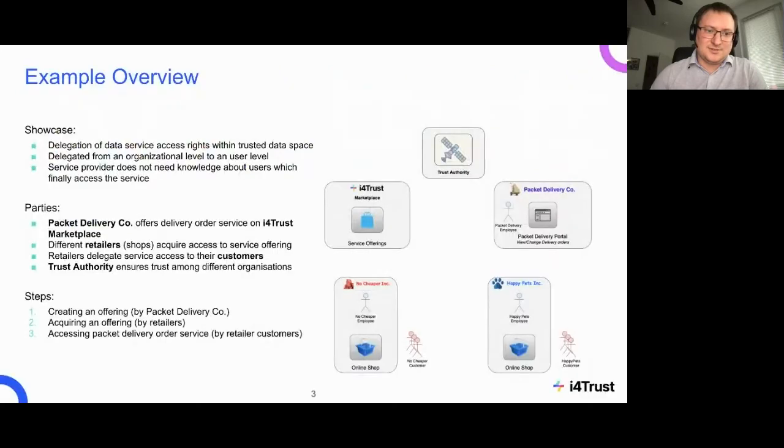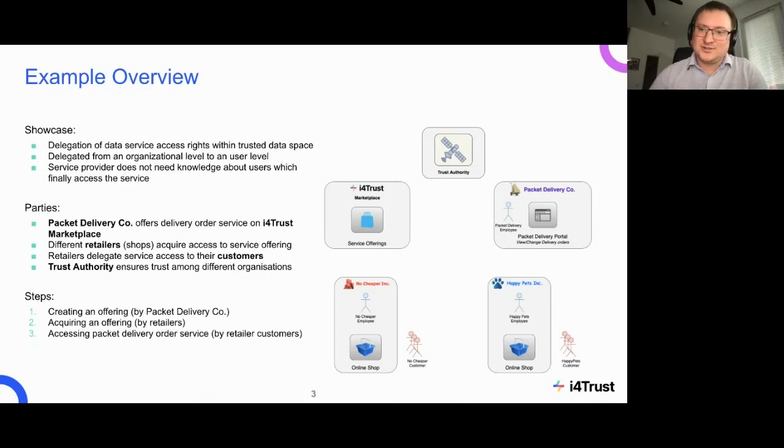So then let's start with the overview again. What I showcased is a use case of showing the delegation of the access rights for a data service within the trusted data space. And what we've seen is that there was a delegation of the access rights from an organizational level to a user level.